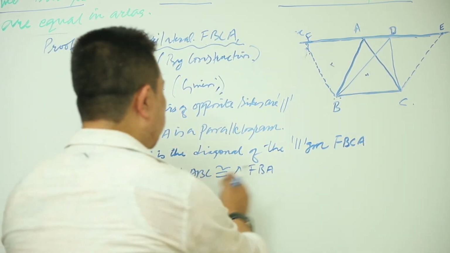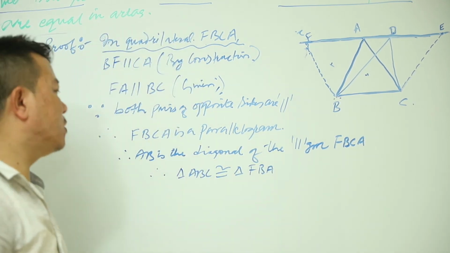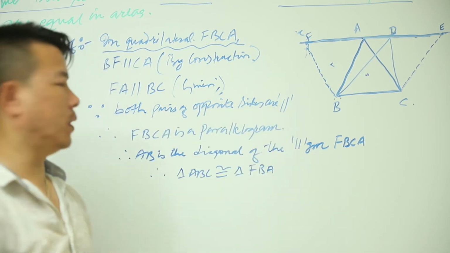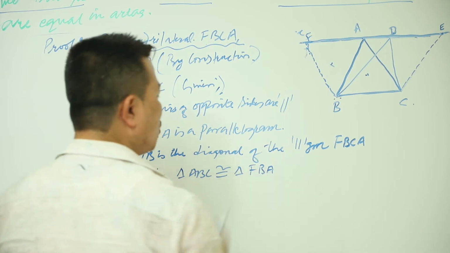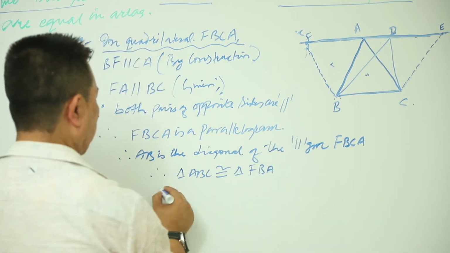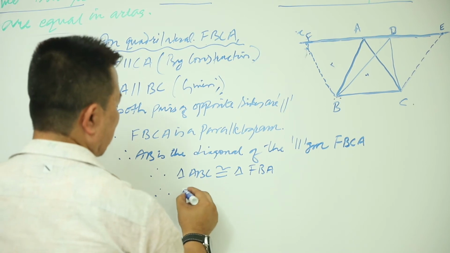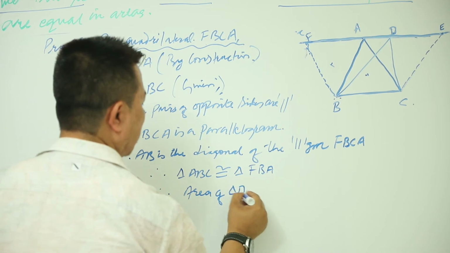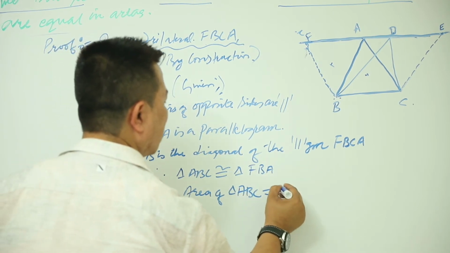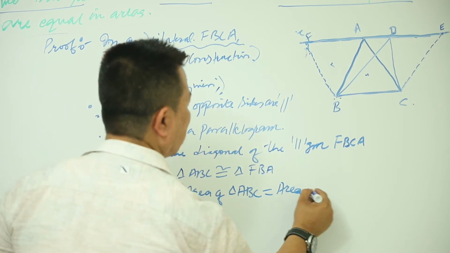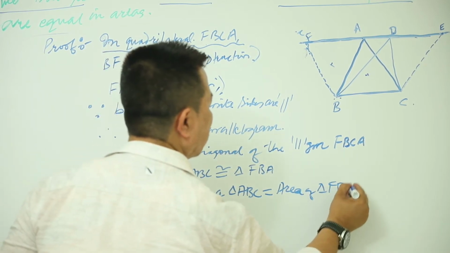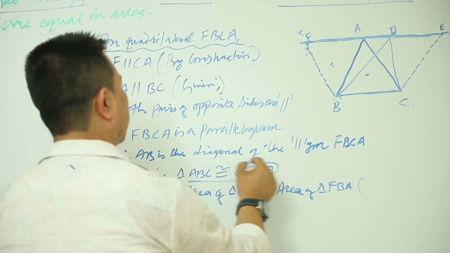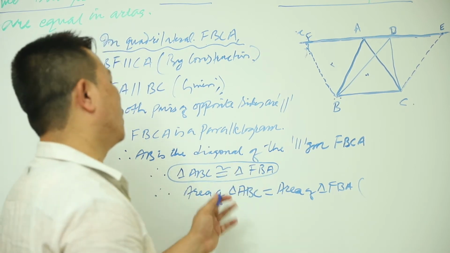Since these two triangles are congruent, and we know that if any two triangles are congruent then their areas are equal, therefore area of triangle ABC is equal to area of triangle FBA. The reason is that these two triangles are congruent, therefore their areas are equal.